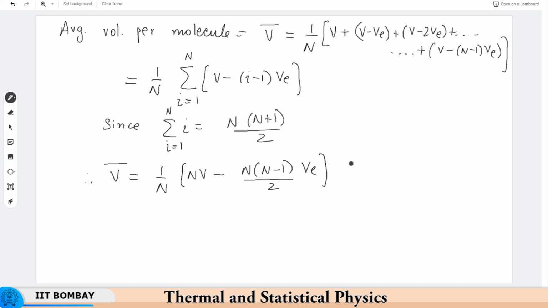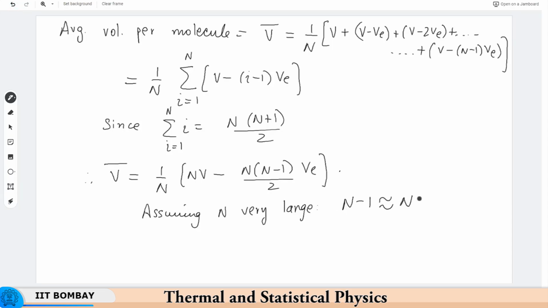Assuming n is very large, typically like 10 raised to the power 23 gas molecules, we can safely assume that n minus 1 is almost equal to n.